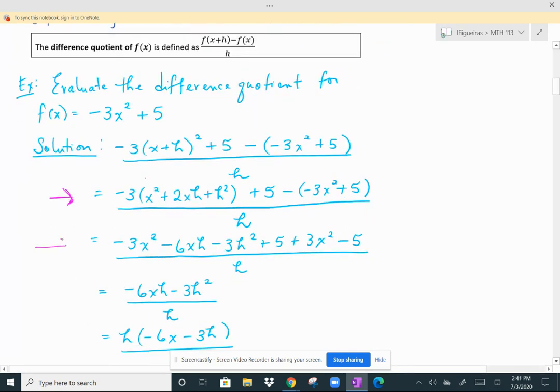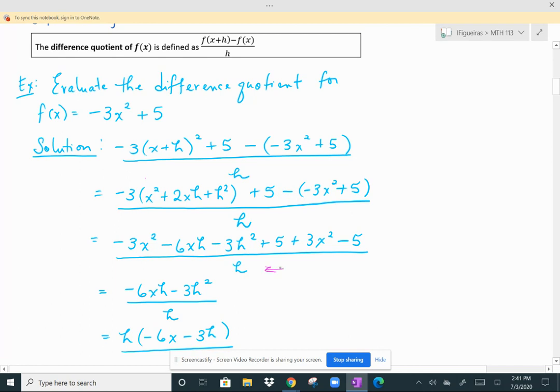And then in this line, I distributed this negative 3, and then I distributed this negative. So we see negative 3x squared minus 6xh minus 3h squared plus 5 plus 3x squared, and then minus 5. And again, all over h.